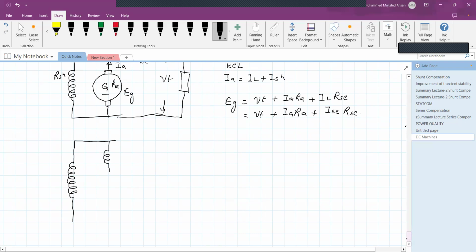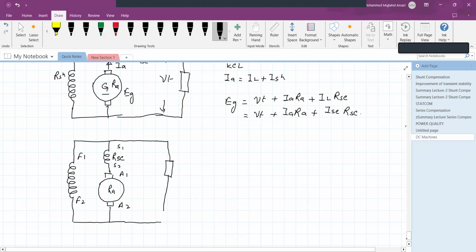This is the series field winding and the armature winding. So this is called a long shunt because the shunt field resistance is shunted across the series combination of the armature and series field winding RA, isn't it? This is the field winding F1, this is F2, this is A1, this is A2, this is S2, this is S1, and now the load is connected as it is. So this is called a long shunt.